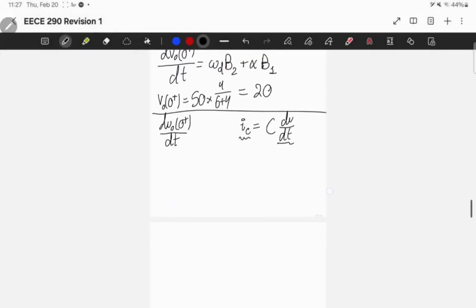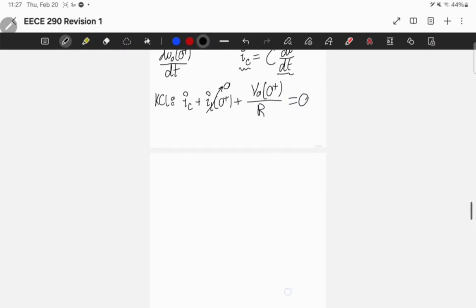Okay, so KCL will give me IC plus IL at 0 plus, which is 0 from IL at 0 minus, plus V0 at 0 plus, which is the voltage at that node, over the resistance R, all equal to 0. So IC is equal to minus V0 at 0 plus, which is 20, over R, which is 50.